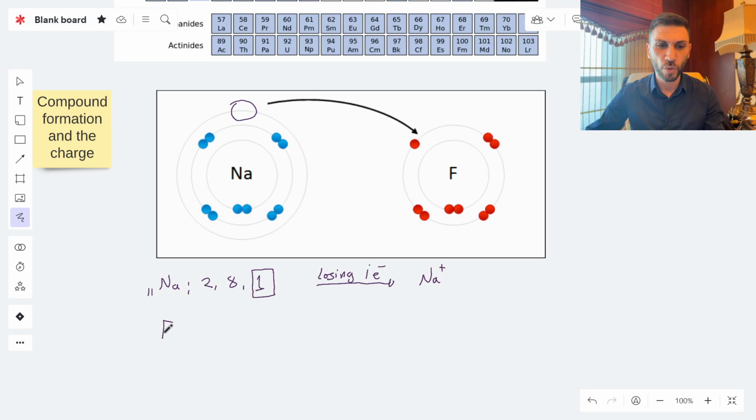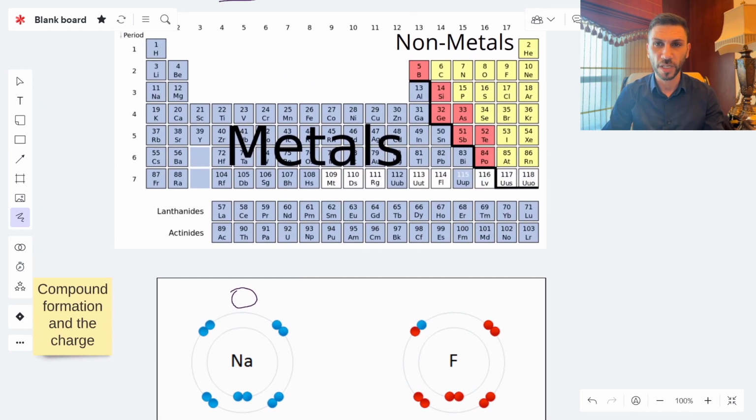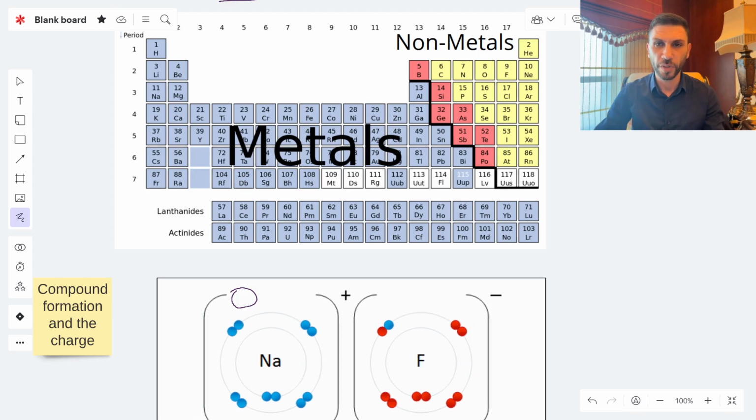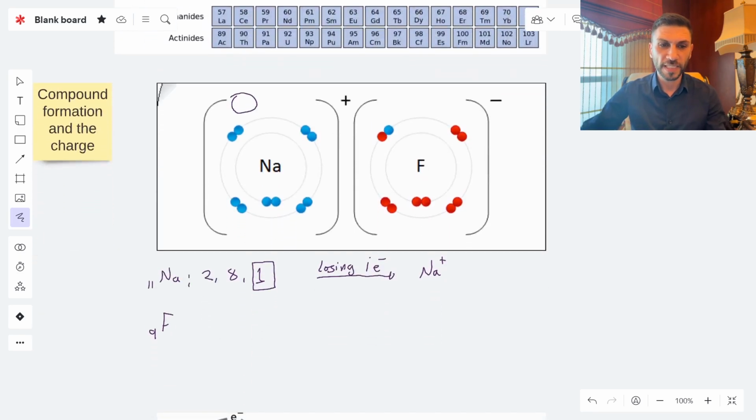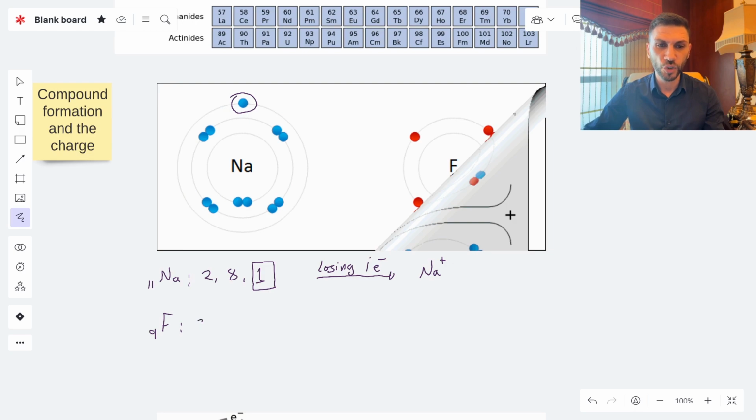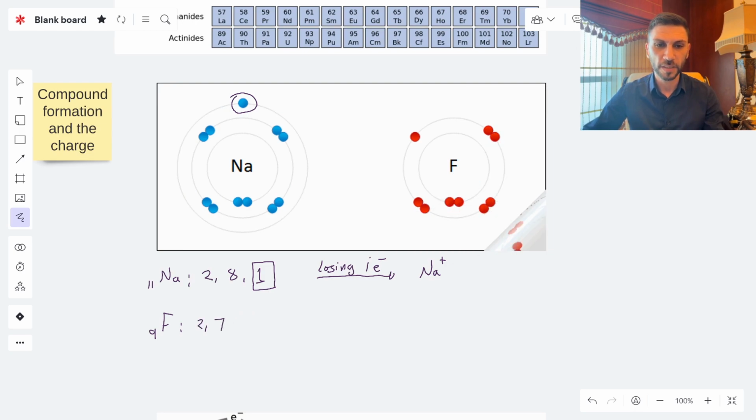As well as the fluorine with 9 electrons, the atomic number, the electron configuration is 2 and 7. So we have 7 valence electrons. To implement the octet rule, we need 8 valence electrons, so it's going to gain 1 electron and it will become F negative.